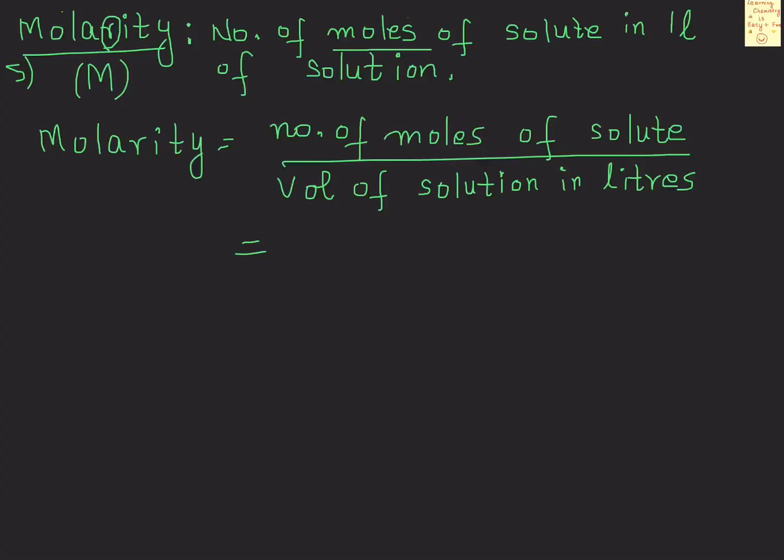Number of moles of solute per liter of solution, or number of moles of solute in a given volume of the solution expressed in liters. Whichever way you can define it means the same. Molarity is the number of moles of solute divided by the volume of solution in liters, correct?